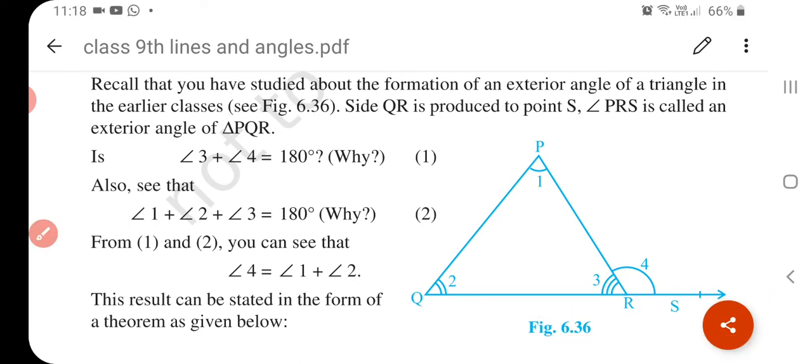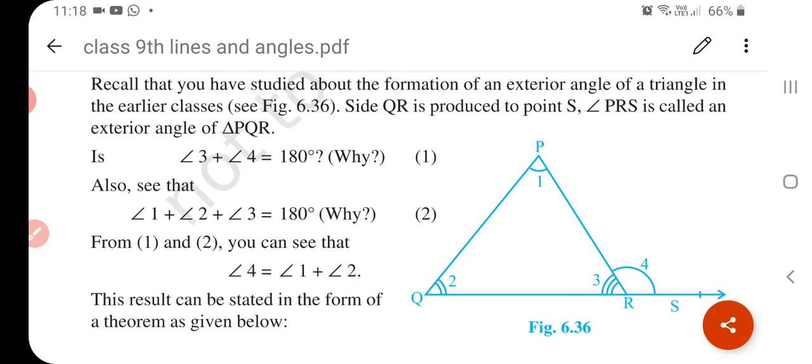In the adjoining figure, if we talk about angle PQS, it is called an exterior angle. This angle 4 is called an exterior angle.